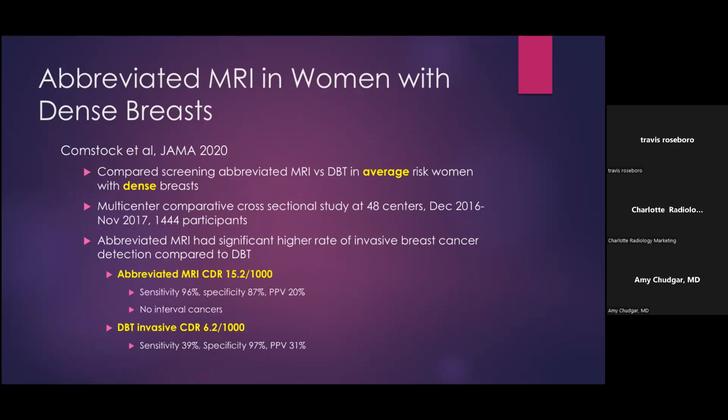This is a multi-center comparative cross-sectional study at 48 centers. And they found that abbreviated MRI did have a significantly higher rate of invasive breast cancer detection compared to 3D imaging. So the abbreviated MRI detected 15.2 cancers out of 1,000 women, versus the 3D imaging detected less than half of that, so 6.2.